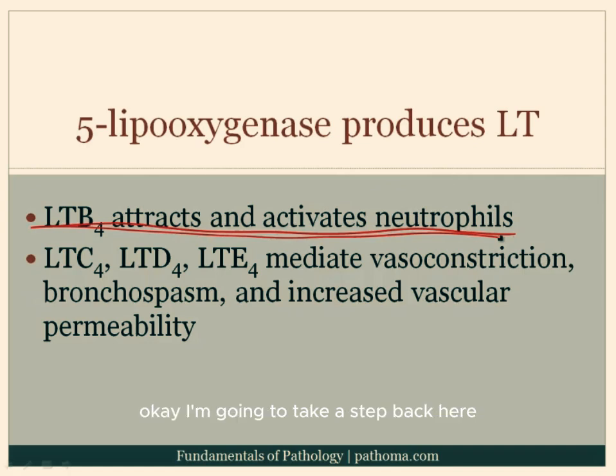Okay, I'm going to take a step back here and now remind you that there are three key mediators. Some people might say four. So let's say four key mediators that actually attract and activate neutrophils. The first is leukotriene B4, the second is C5a, the third is IL-8, and the fourth are bacterial products. So these four mediators, these are the four that you need to sort of store away in the back of your mind.